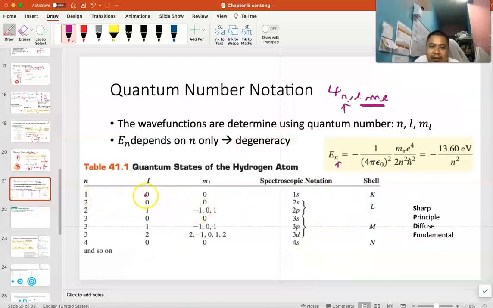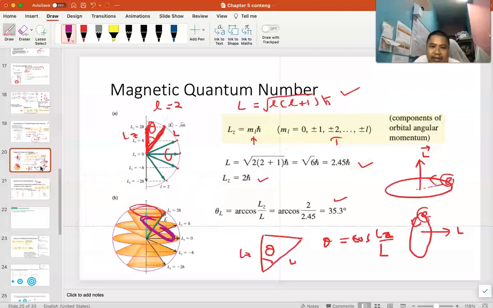Okay, itu sebab L dia boleh dapat kosong untuk N1. Kalau N2, kosong dengan 1. N3, kosong, 1, 2. N4 dan berikutnya lah. Bagi setiap L, dia boleh ada ML, which is kita tengok condition yang ni pula. Kalau L kosong, ML dia boleh jadi kosong.